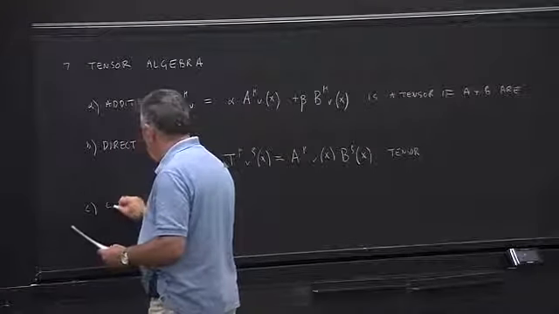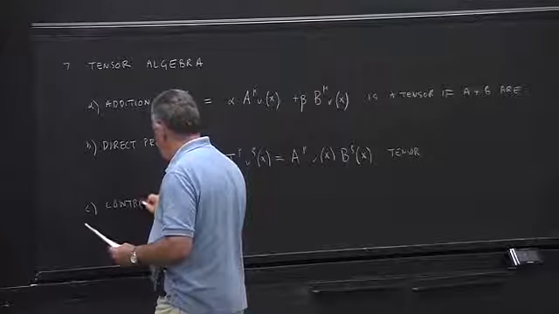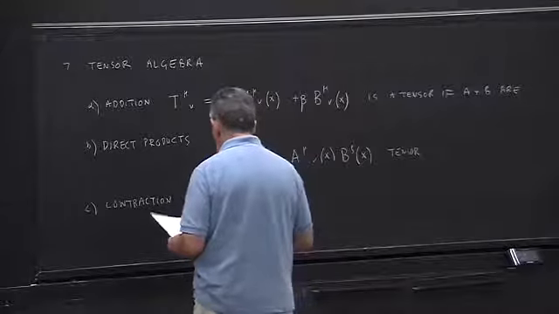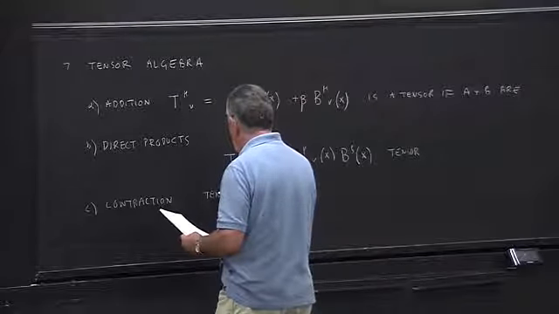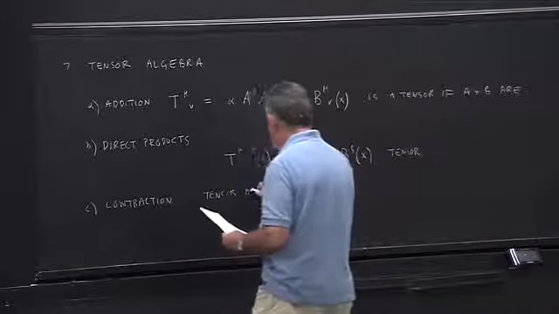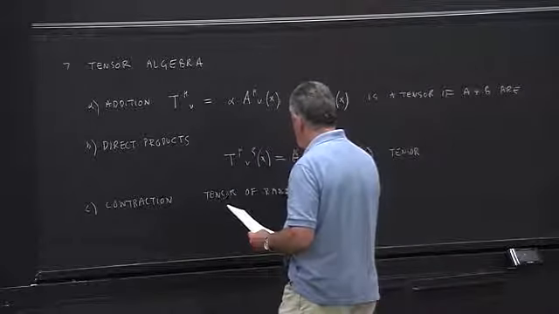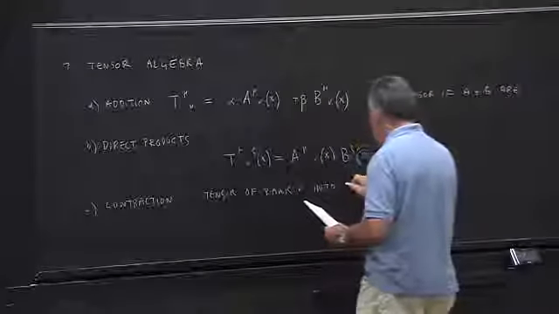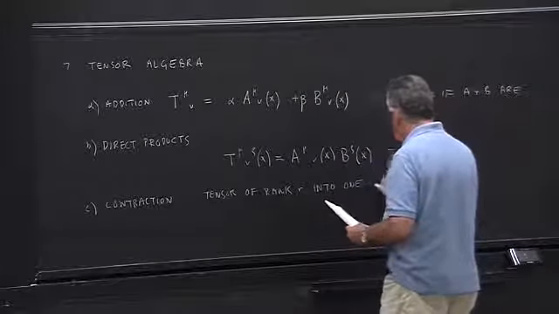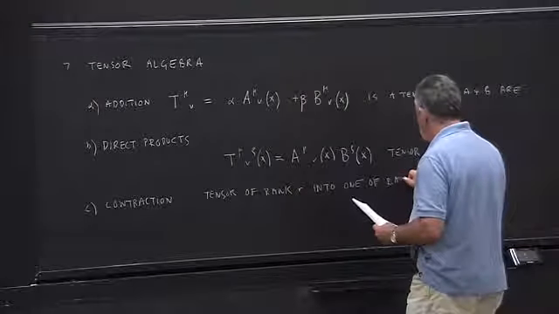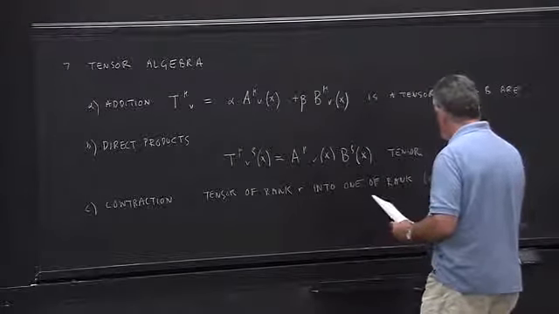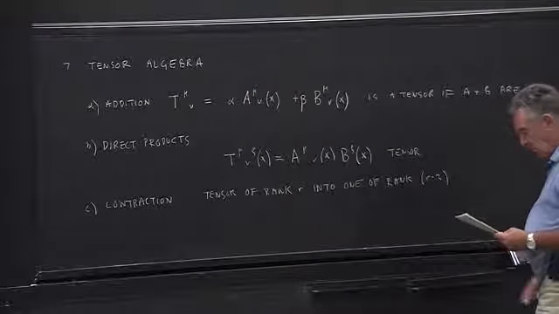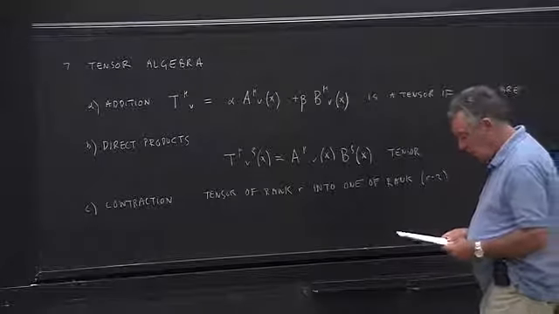Another way to get a tensor is by contraction. So this turns a tensor of rank R into one of rank R minus 2, by summing over one upper index and one lower index.